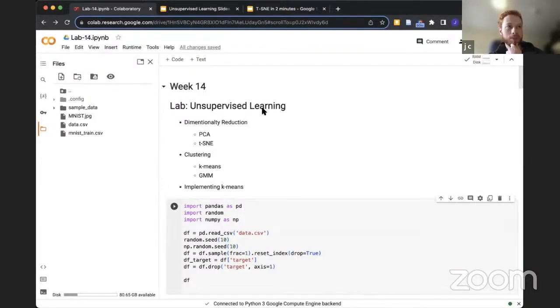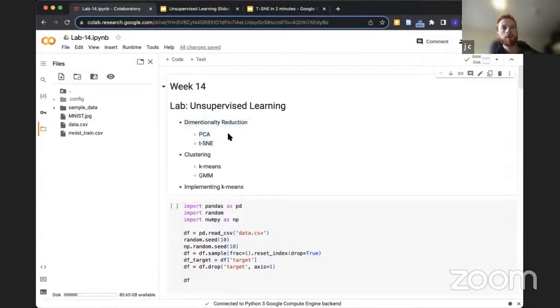Today we're going to talk about unsupervised learning. This morning, Laura gave a nice presentation about unsupervised learning, and this afternoon we'll play with some data, interpret the results, and see how to make sense of data if we don't have any labels. Today we're going to mostly talk about dimensionality reduction. You've already seen PCA.